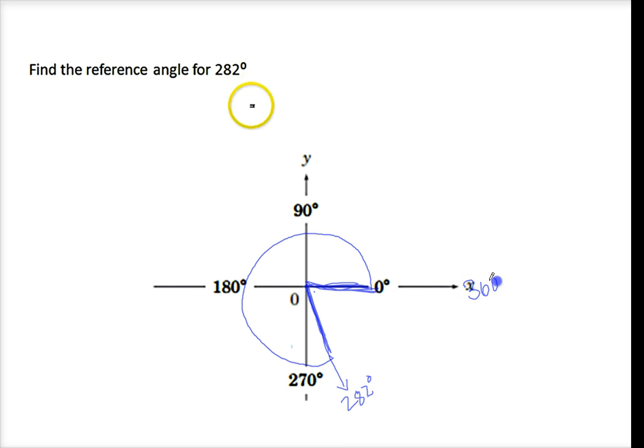We want to know the angle difference between 360 and 282 degrees, and we can find that by subtracting. 360 minus 282 is 78 degrees. So the reference angle for a 282-degree angle is 78 degrees.